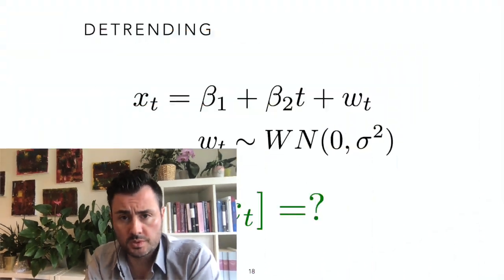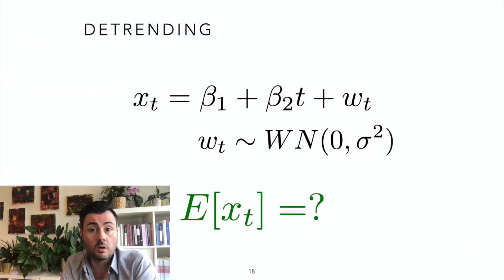Consider this very simple example in which a process x_t is equal to a constant beta 1 plus a constant beta 2 multiplying t plus a white noise w_t. Now, if we take the expectation of this process x_t, what happens? The expectation will be just the sum of the expectations of the different components that we can see on the right-hand side. The expectation of beta 1 is just beta 1, because beta 1 is a deterministic quantity, a constant.